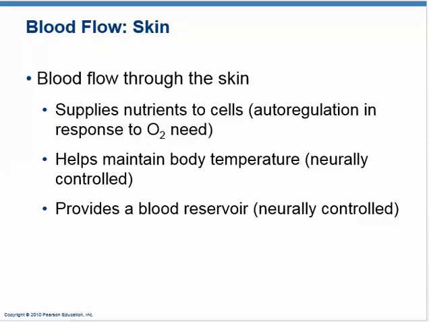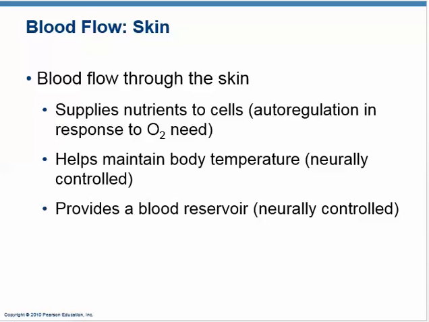A lot of that is neurologically controlled. We also autoregulate for the oxygen needs, right? And the skin really provides the blood reservoir. When we need more muscle blood flow, we steal it from the skin.